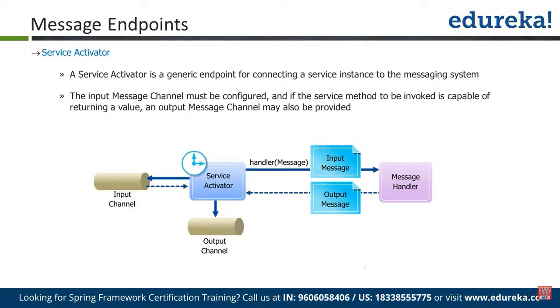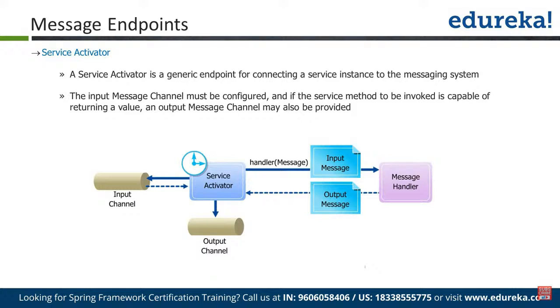With the service activator, we have one handler which takes the message in the form of input. Then we have a message handler, which can process the message if you want to do some processing. For example, you want all the incoming messages to be in uppercase.